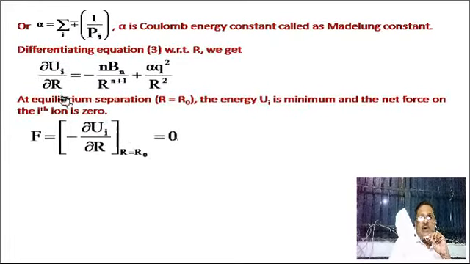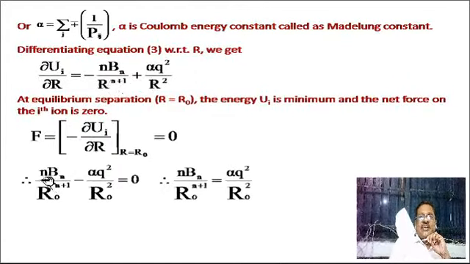So del Ui by del r is this value, substitute here. So this negative sign will become positive, positive sign will become negative, and therefore we get n Bn divided by r0 to the power n plus 1 minus alpha q square upon r0 square is equal to 0.